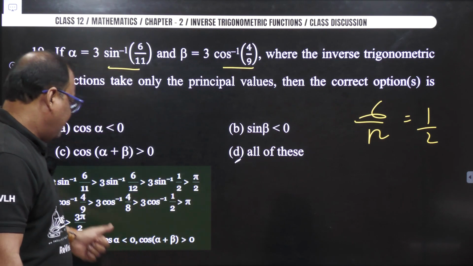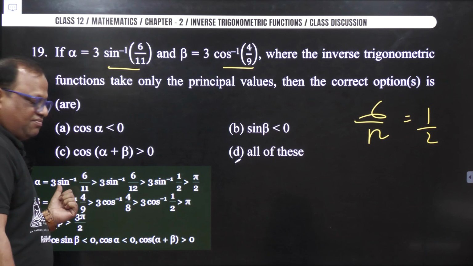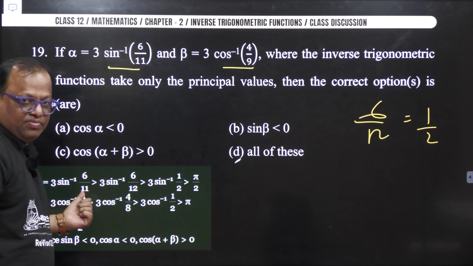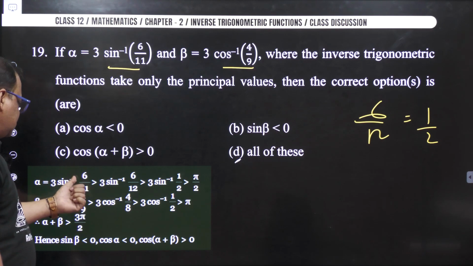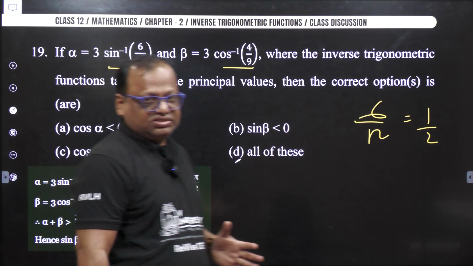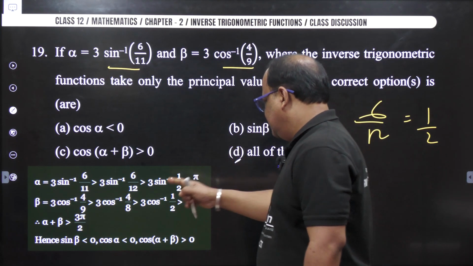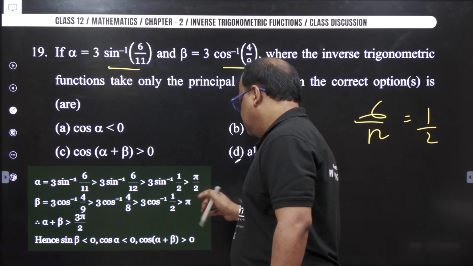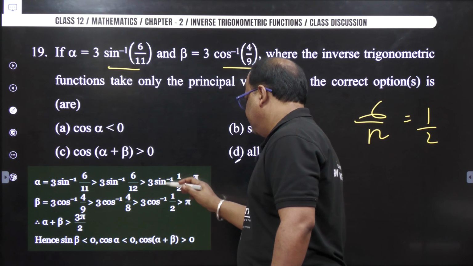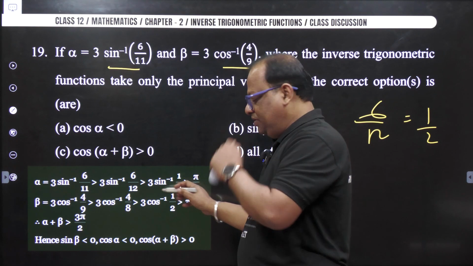So the value 6 by 11, which is less than this, will be greater. Okay, so 3 sin inverse of 6 by 11 will be greater than 3 sin inverse of 6 by 12. Understand that. Which is again greater than 3 sin inverse of 1 by 2, which is pi by 2, because this is 30 degree. 30 into 3 will be pi by 6 into 3, which is pi by 2.